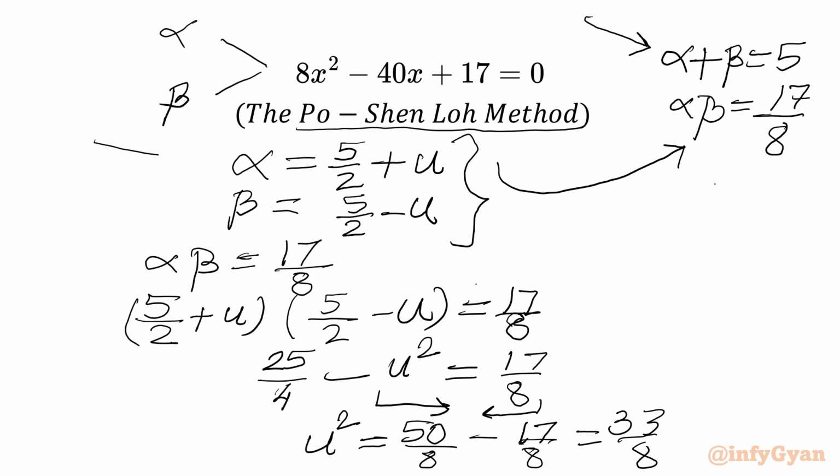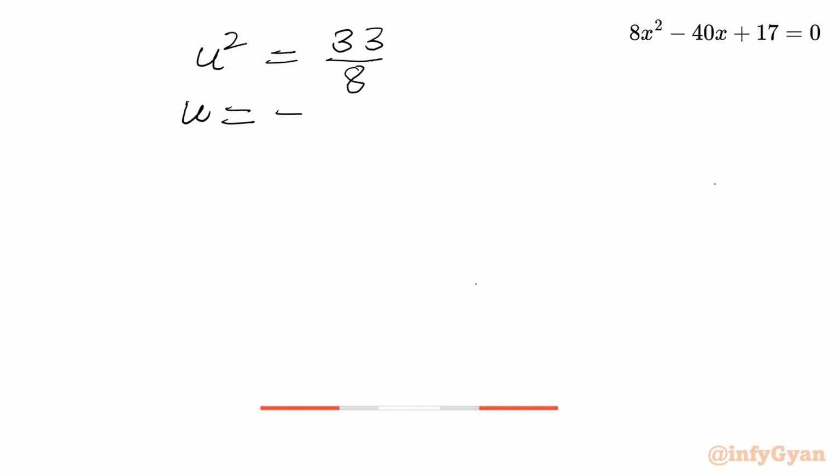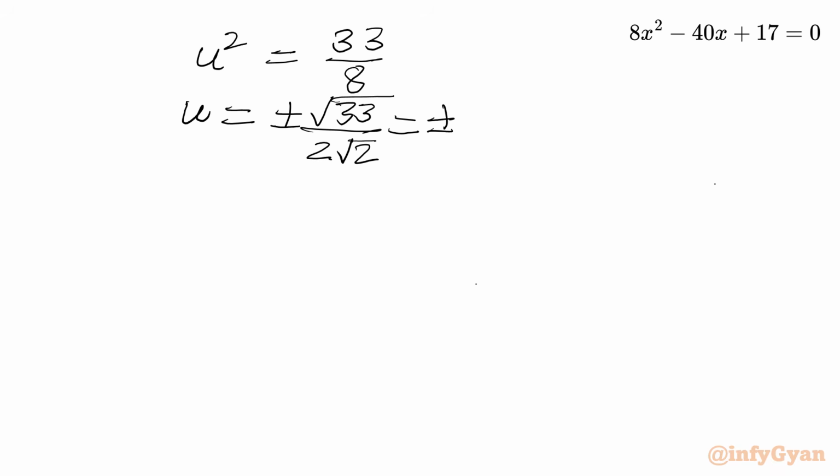Remember, alpha is 5 over 2 plus u, beta is 5 over 2 minus u, and u square is 33 over 8. Let's take the square root both sides. After taking the square root both sides, we will get plus minus square root 33 over 2 root 2, which will be equal to plus minus square root 66 over 4 after rationalization.